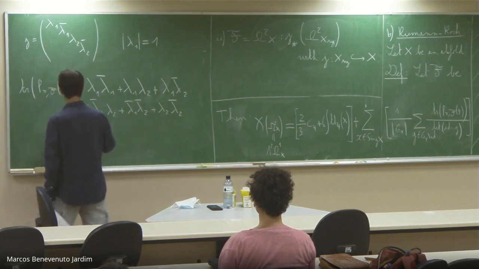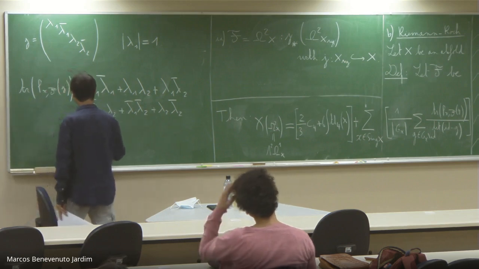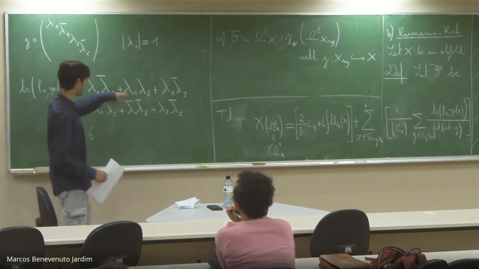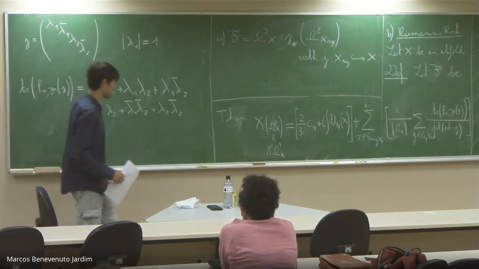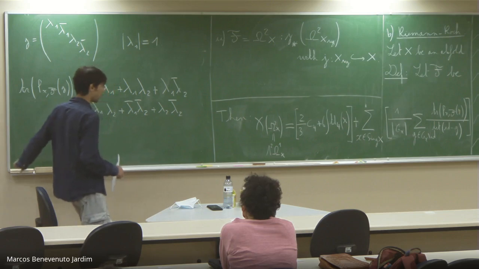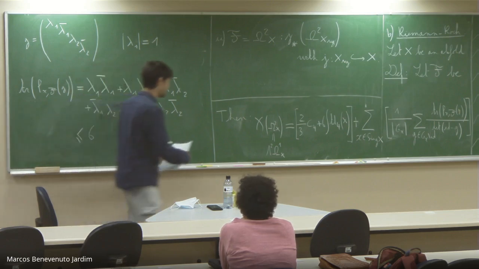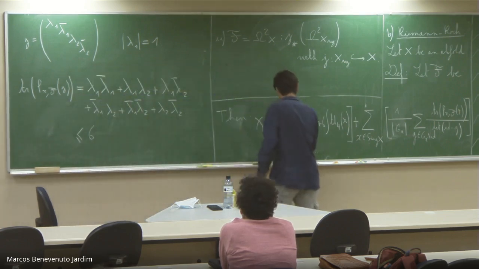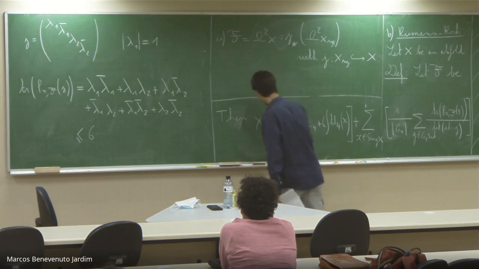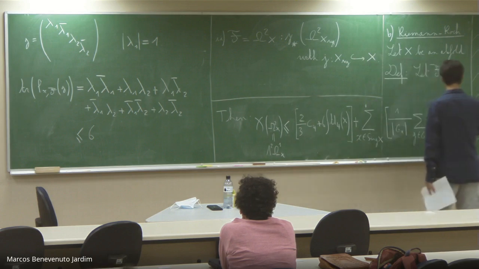So actually, this is smaller or equal to 6. Okay, all at modulus 1, so this is smaller or equal to 6. So what I can do is just here put instead an inequality and put a 6 here.